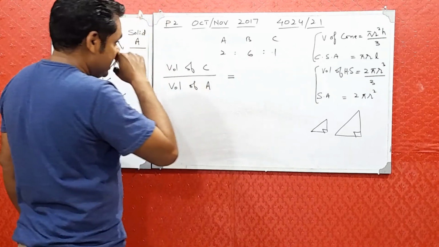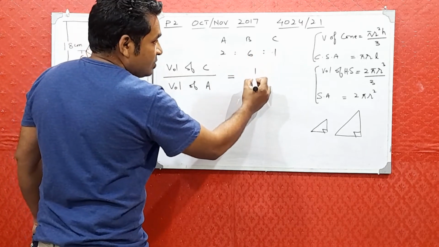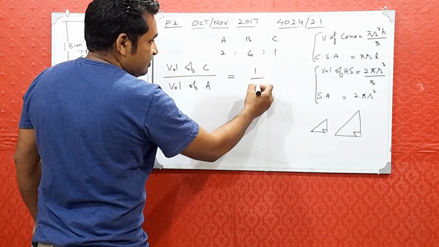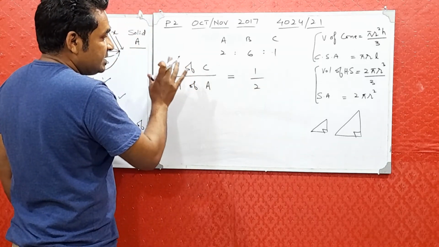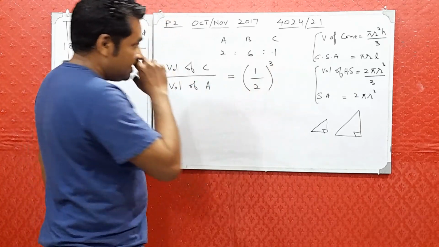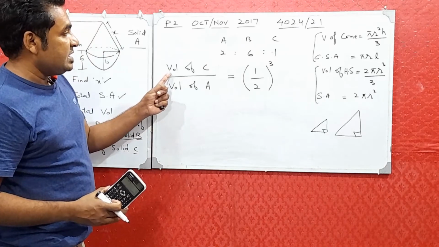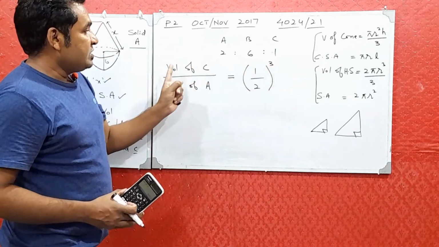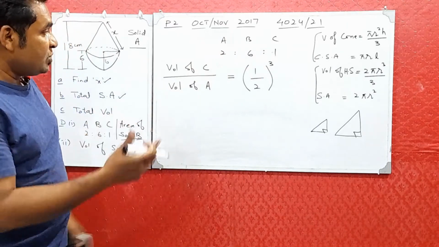Because we have used C as numerator, the height of C will also become the numerator, so 1 over 2. And since we are talking about volume, this time we will take the cube. This formula is very easy: if it is area, you use square; if it is volume, you use cube. So you can easily memorize this.